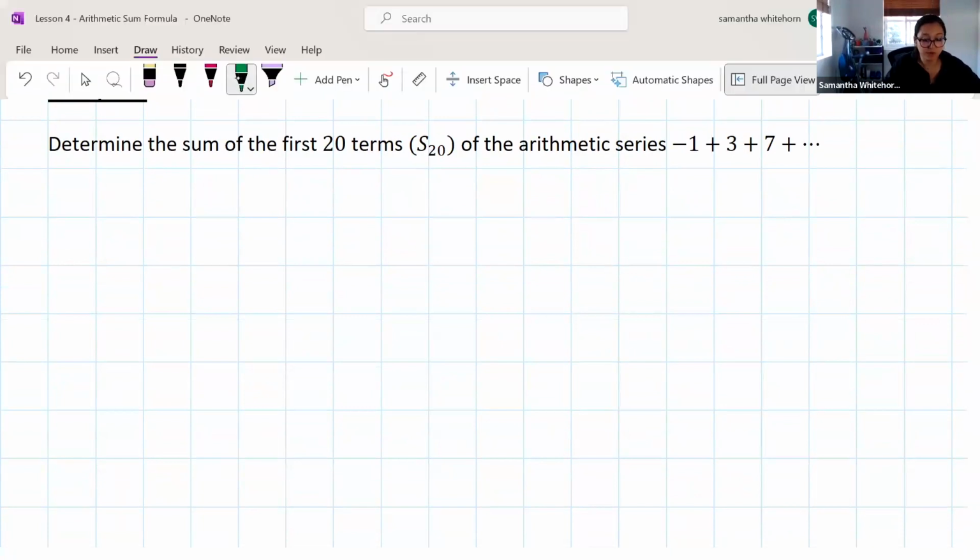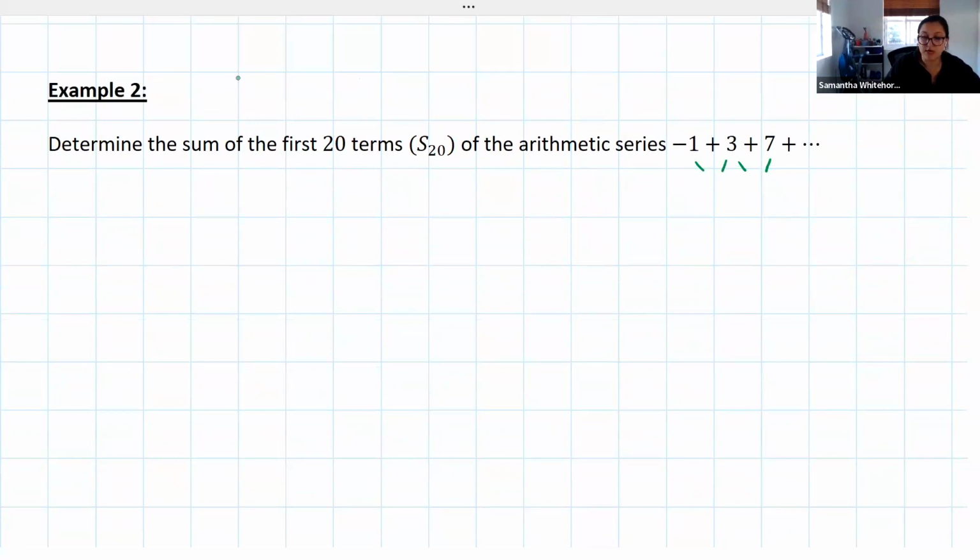So I'm not going to stress about the formula just yet. All I'm going to do is figure out what I'm adding or subtracting here. So quickly on the chat, what am I adding or what am I subtracting in this arithmetic series?